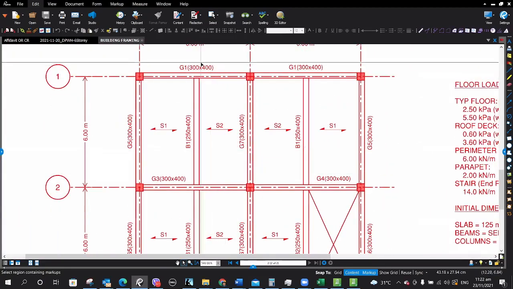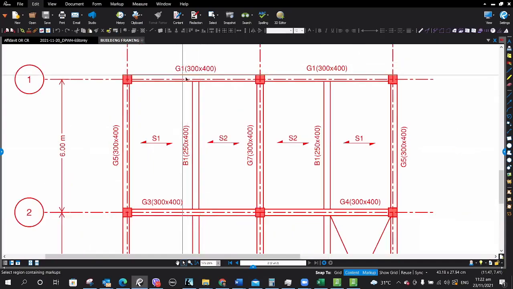These are the initial sizes, by the way. I think we already discussed that. So for naming convention I use G, meaning girder, for beams that are connected to columns, because I'm going to design these beams to participate in resisting the lateral force coming from the seismic or the wind load.